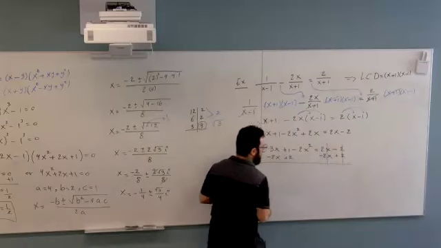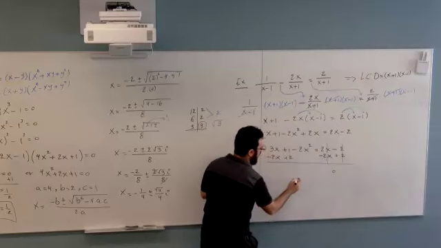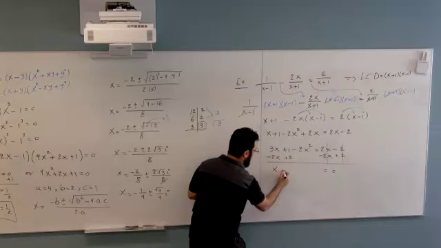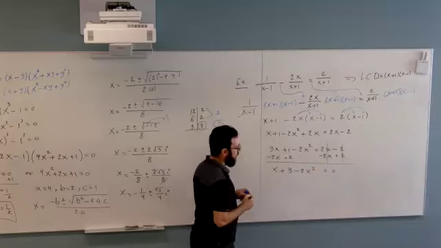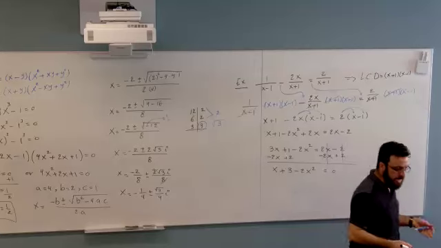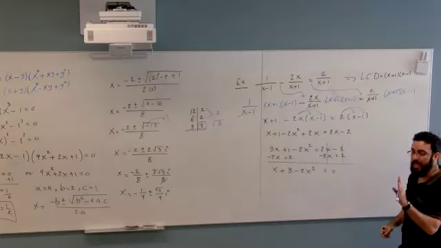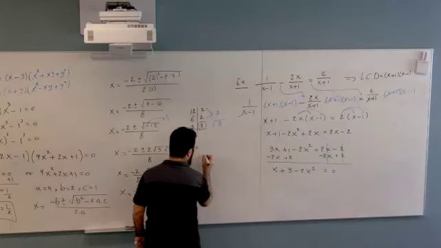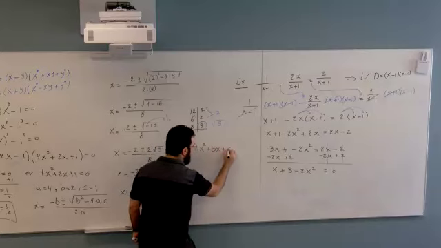So this cancels, this cancels. So this side is going to be 0. Equal. Here is going to be x plus 3 minus 2x squared equals 0. Now tell me, what's the next step? Arrange them. Perfect. Because for quadratic equations, the general form is always ax squared plus bx plus c equals 0.